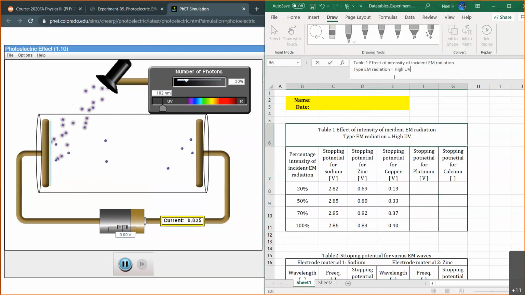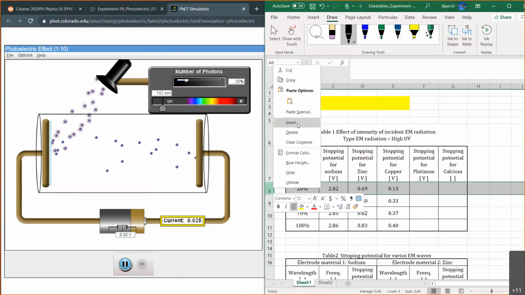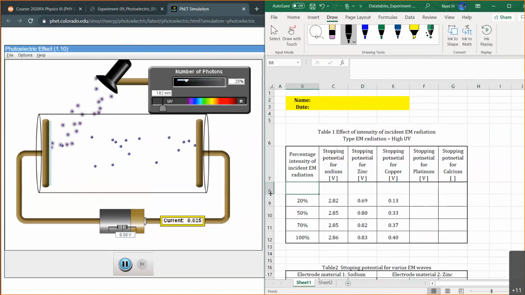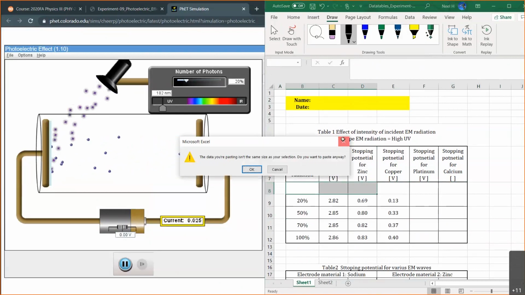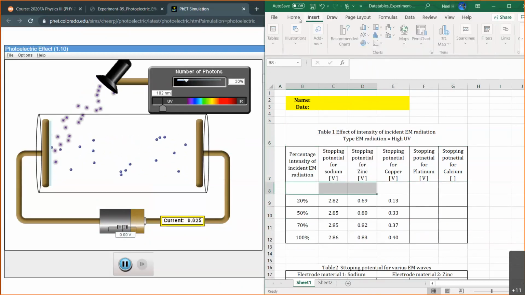So that's okay. So we can add that here. Let's add one more column here, and then add the wavelength of the applied EM wave. These three are going to remain the same, but the others may change, because we can't see any current at that wavelength.